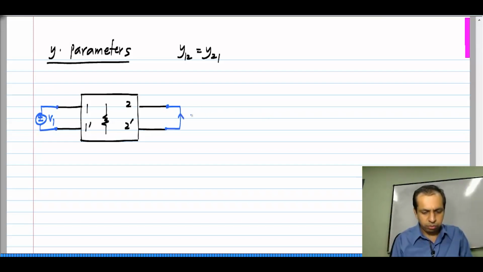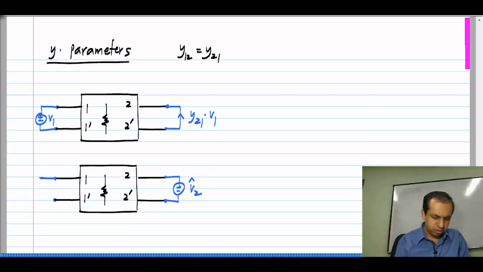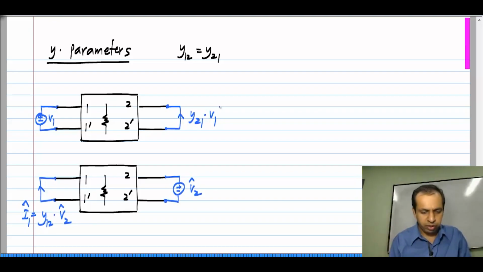The current here would be by definition y21 times V1. On the other hand, if I connect V2 hat to the second port, short circuit the first port, the current here would be I1 hat, which is equal to y12 times V2 hat. And by the way, let me define this current as I2.